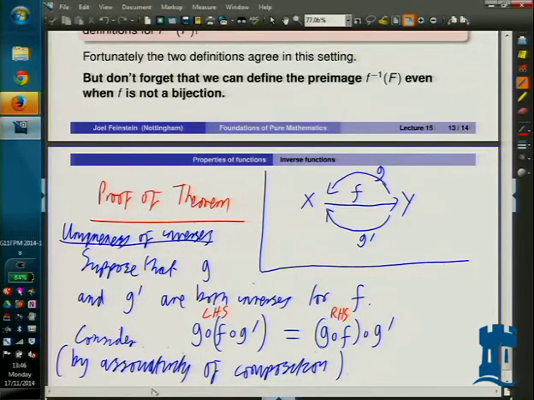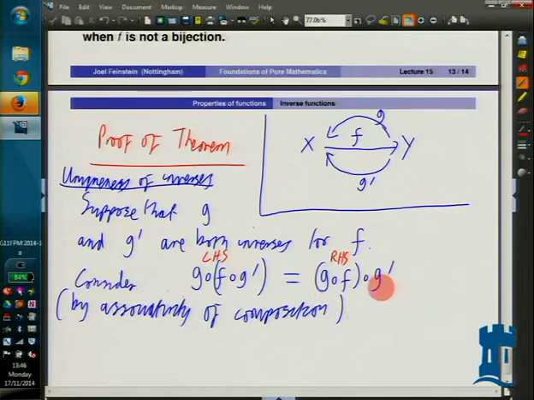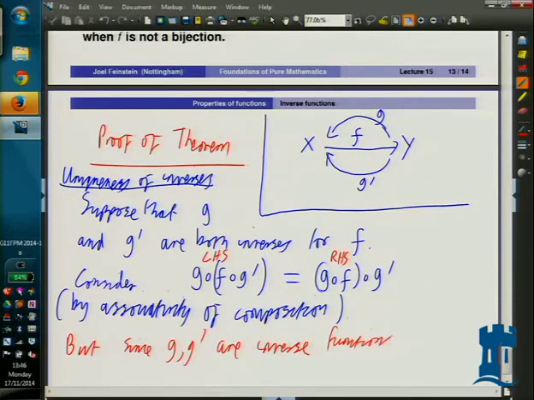And these are both maps from Y to Y. You can start with y, and you can do g prime, and then f, and then g. And in fact, that's what you do. You do those three functions to get either the left-hand side or the right-hand side. Okay, but since g and g prime are inverse functions, that's our assumption at the moment, you get f composed with g prime.